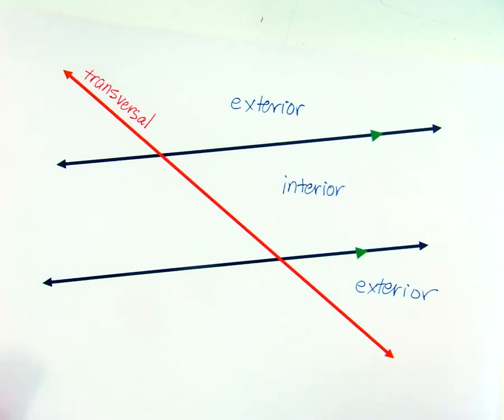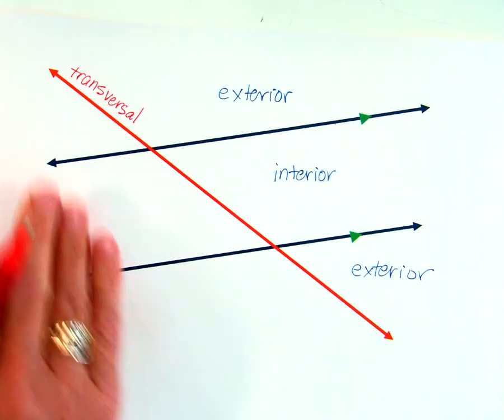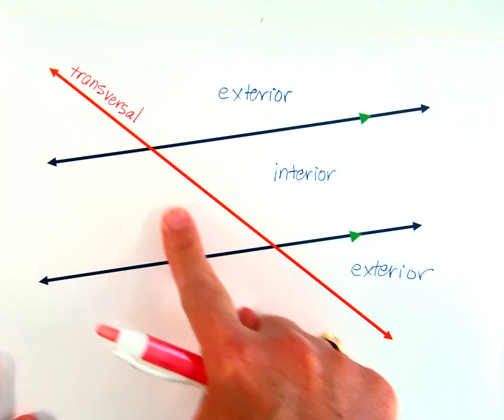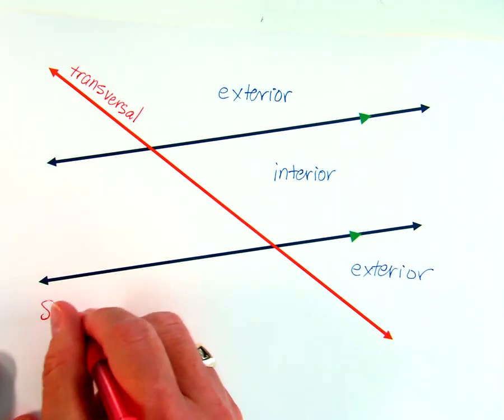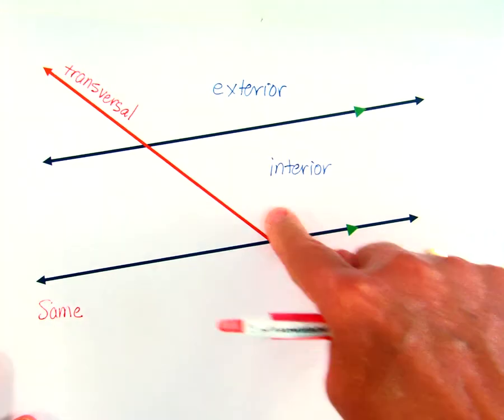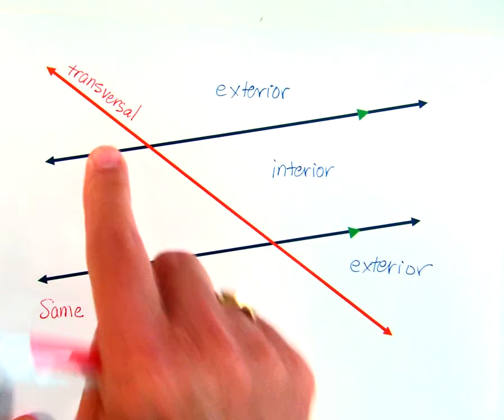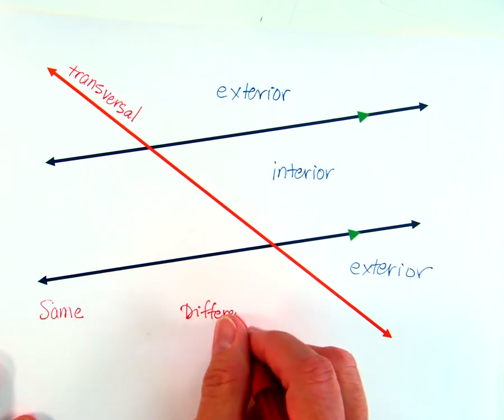Some of the things that we'll have here, when we're talking about relative to the transversal, we'll talk about whether they're on the same side or not on the same side. So angles down here on the left would be on the same side, but if there's one here and one here, they're on different sides of the transversal.